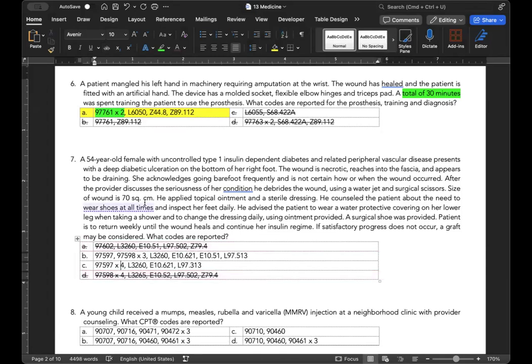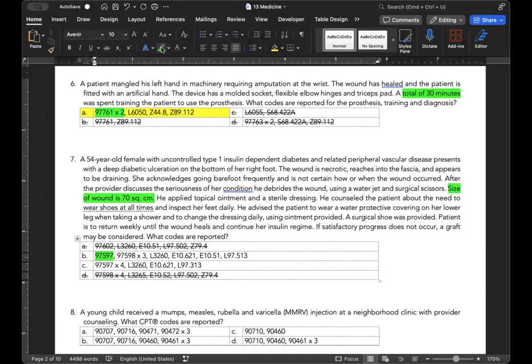So if we had a total size of 70 square centimeters, right? Our 97597 is the first 20 square centimeters. We need additional codes, which are our add-on codes underneath, which is the 97598 for each additional 20 square centimeters or part thereof.